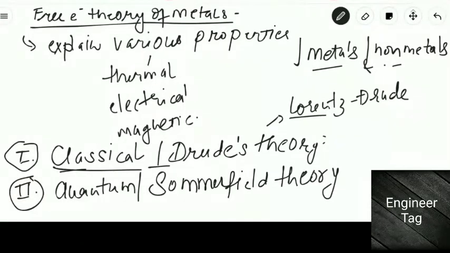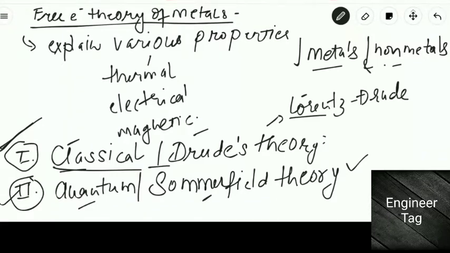Or it may ask explain Sommerfeld theory, or explain the quantum theory. So you will explain the quantum theory. And if it is asked classical theory, or explain Drude's model of free electron gas, or explain Lorentz Drude model of free electron theory, you will discuss the classical theory. Okay, so there are different names for these theories.